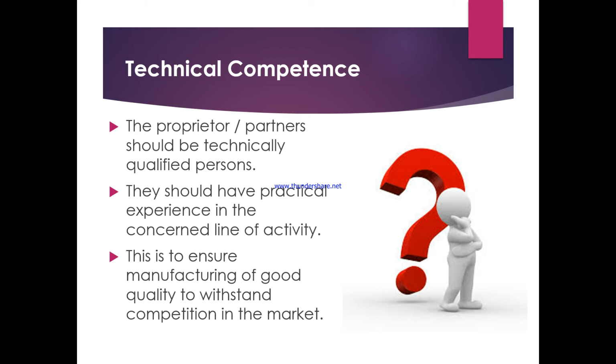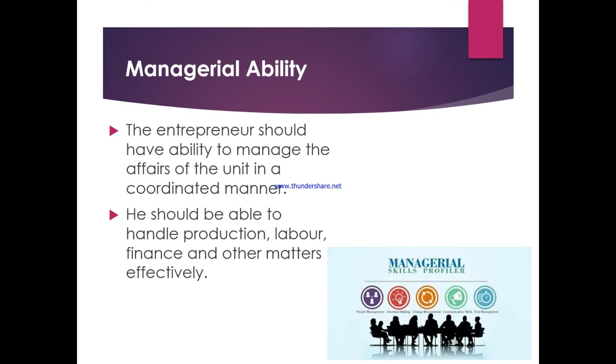So unless and until the bank is made sure that the manager can manage all these things, the partners, the proprietors are highly qualified people, and the business may run in profit, only then will the bank be sure that these people are going to pay back our money with interest. Next comes managerial ability.